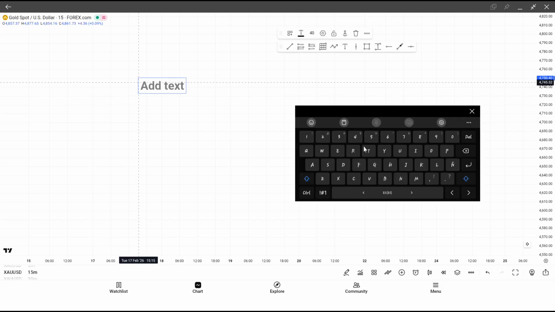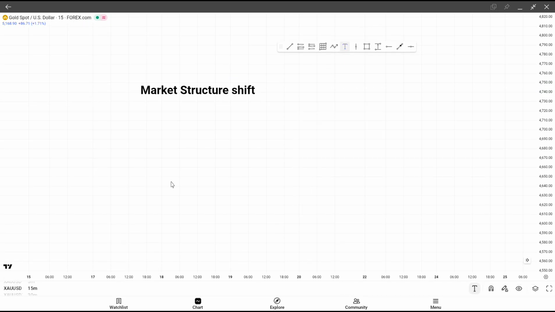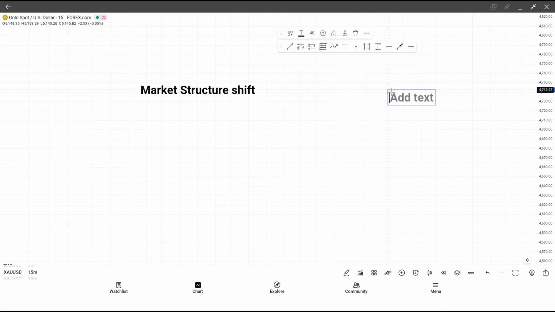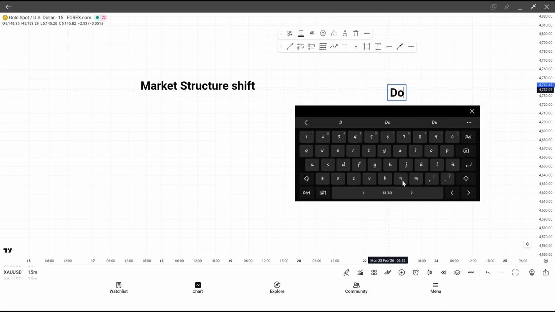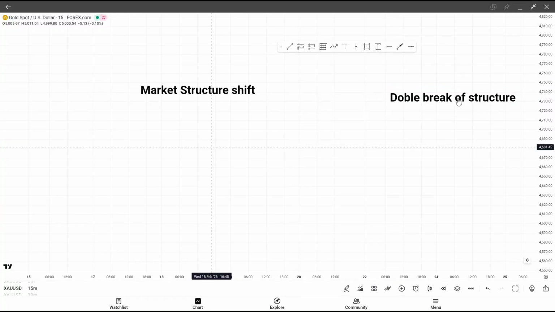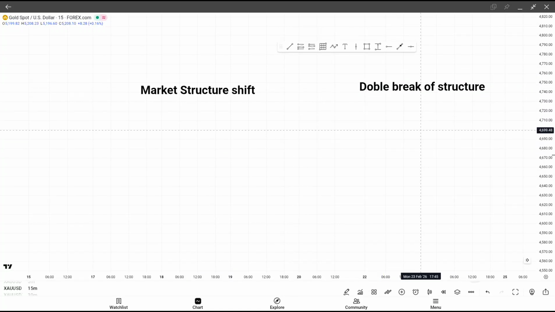We have market structure shift, and we also have a double break of structure. How are we going to use those two concepts?